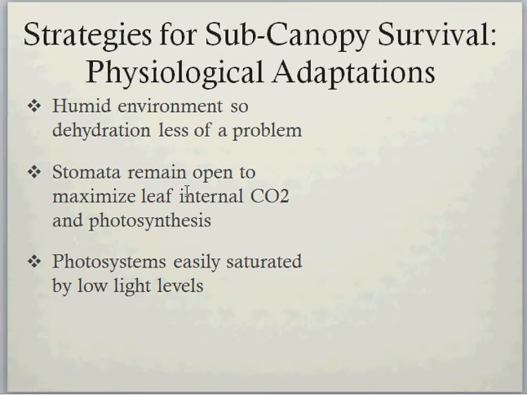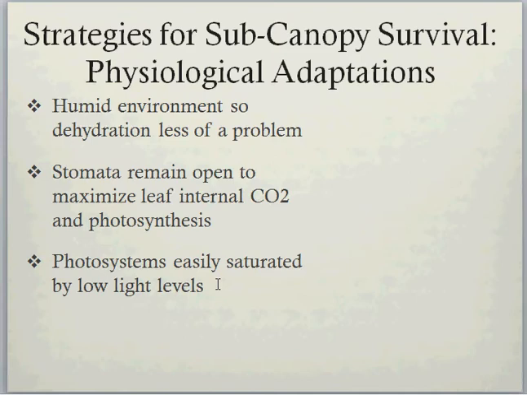Photosystems and chlorophyll, the pigment which is needed for photosynthesis, are arranged in the leaf within that thin lamina so that they can capture as much light as possible and not shade each other. So photosystems are very easily saturated by low light levels.